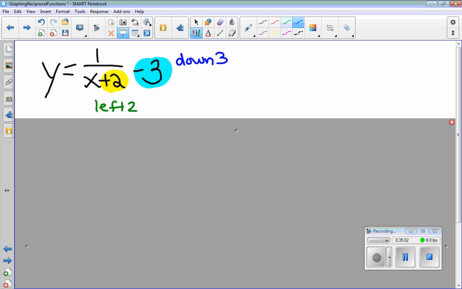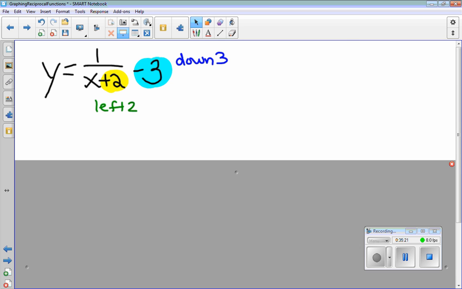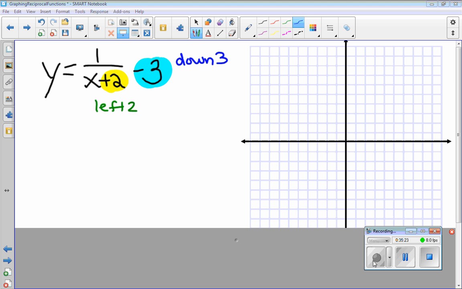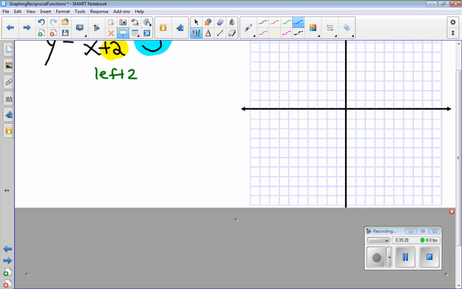So when you are graphing your function, go ahead and make a dotted line, because remember we use dotted lines for my asymptotes, down 3. So I am going to go down 3. That simply means down here at -3, I'm going to make an asymptote, because it told me I went down 3.